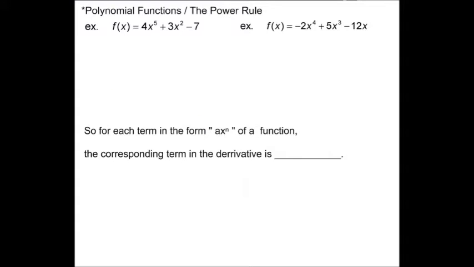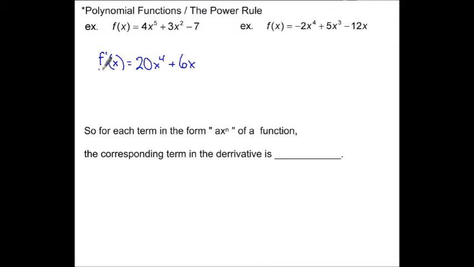Now for polynomial functions, we have something called the power rule that allows us to take derivatives very, very quickly. This might be a pattern that you've stumbled across if you've done some of the work, so let me give the answers here and see if your brain can put together what's happening. I'll give you the actual rule down here, but let's play a little bit first. For my first polynomial, my derivative is going to be 20x to the 4th plus 6x.